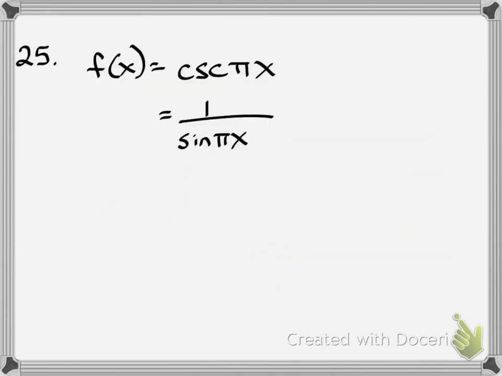25. Yeah, let me check it on the calculator. Okay, I realize I thought too fast earlier today. Oops. So I put in y equals 1 over sine pi x for cosecant x, because they're reciprocals.